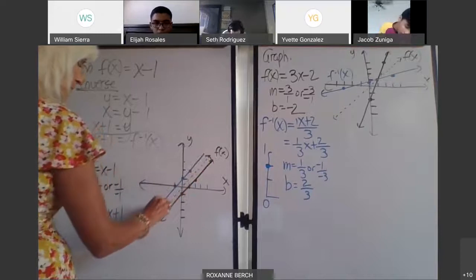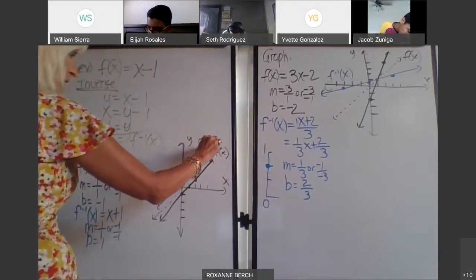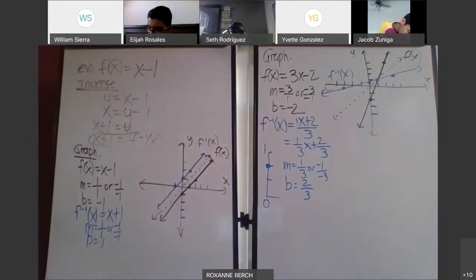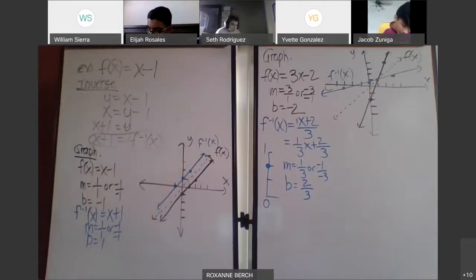So these are actually parallel lines. We know that because the slope of the function is the same as the slope of the inverse. And whenever the slopes are the same, you have parallel lines. So this definitely does reflect over the inverse.